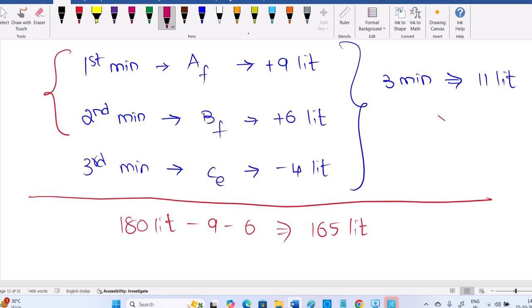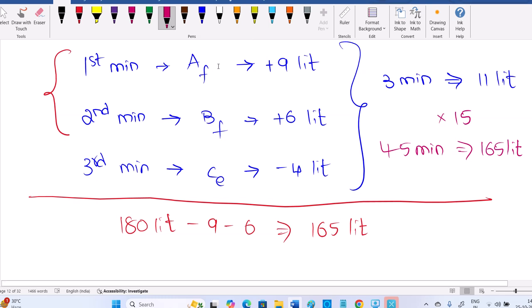If you do into 15, 45 minutes, 11 into 15, 165 liters are completed. Is that yes or no? Anywhere wrong? 165 liters are completed in 45 minutes. 45 minutes means ABC completed.